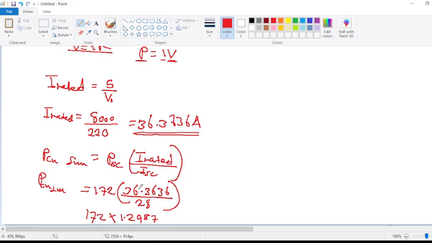If you multiply that one now by 172, we've made a mistake with the formula. The formula here was supposed to be squared. This is the main formula. It has to be squared here.